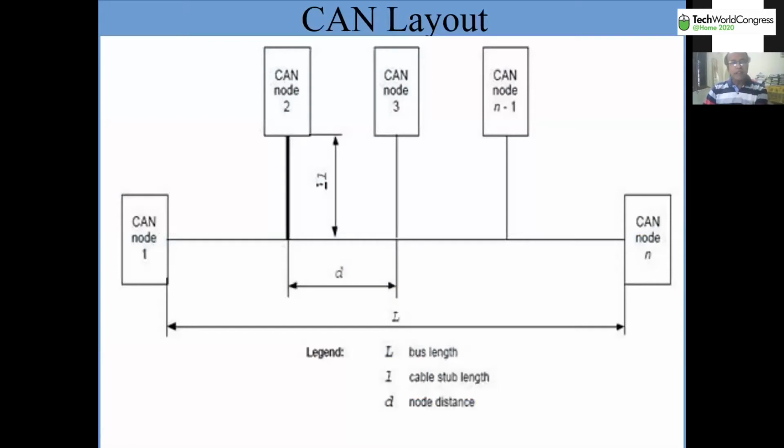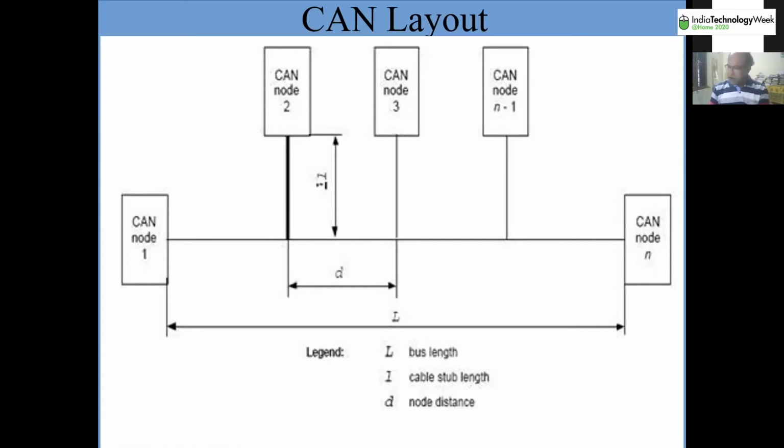This is a typical CAN bus architecture. In fact, if you go back to the history, in 1983, CAN bus was first proposed by Bosch. And if you see 1983, then the 1990s, then the 2000s, you will find suddenly the cars have become smart cars.